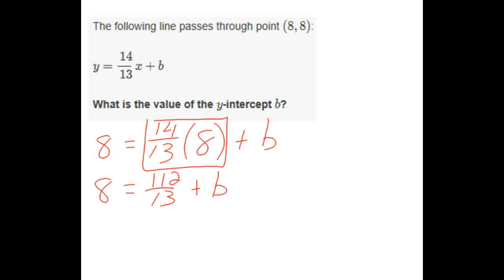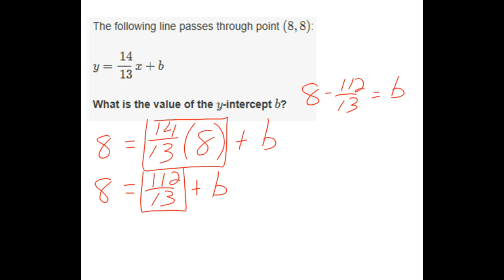How do I get rid of my 112 over 13? I have to subtract it. So over here I'll write it, I have to do 8 minus 112 over 13, and that's going to equal b.